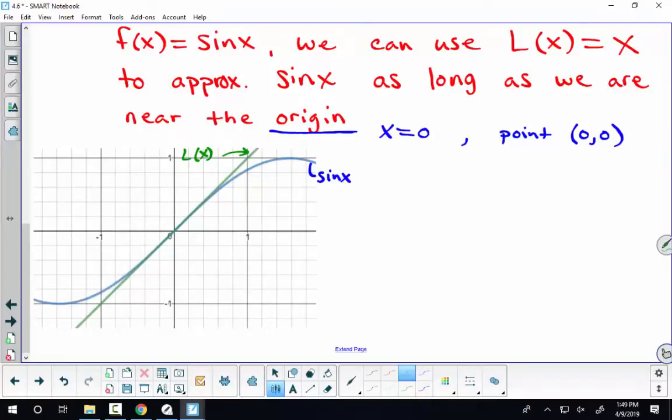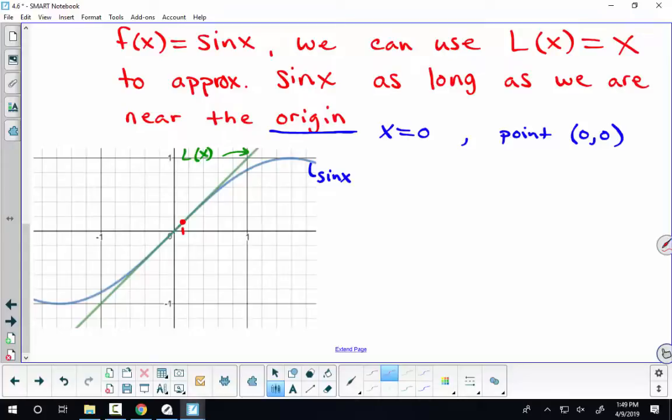So the second part says approximate sine at 0.01. Instead of actually computing the value of sine of 0.01, we're just going to use the linear approximation to tell us that value. 0.01 is really close to the origin, so we would expect that using the line to tell us the value of the sine function shouldn't be too far of a stretch.